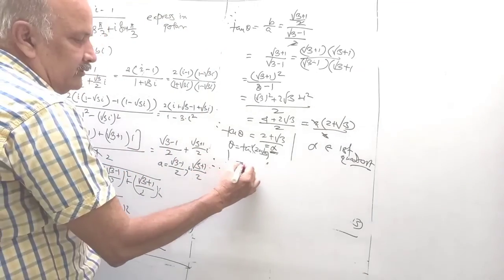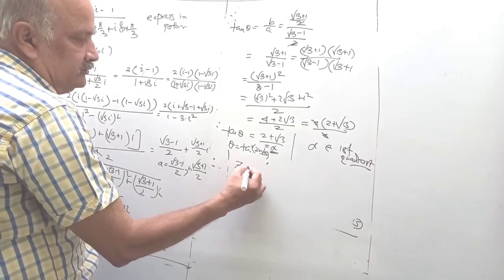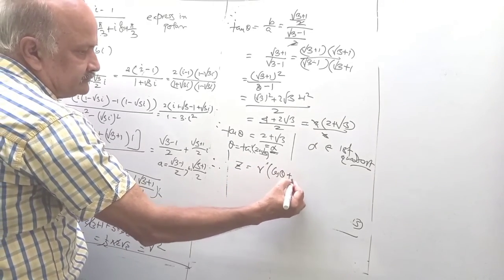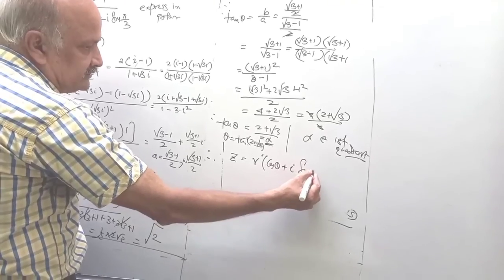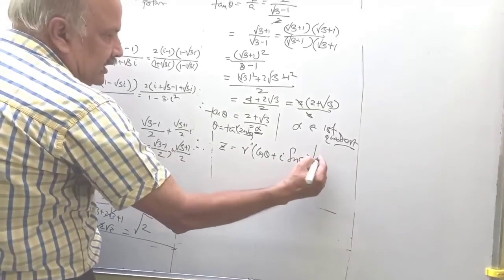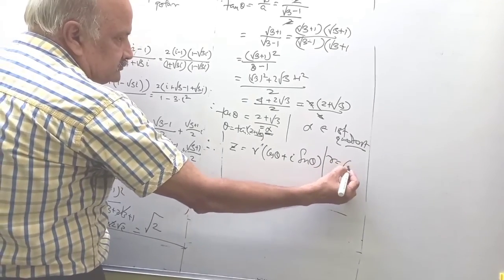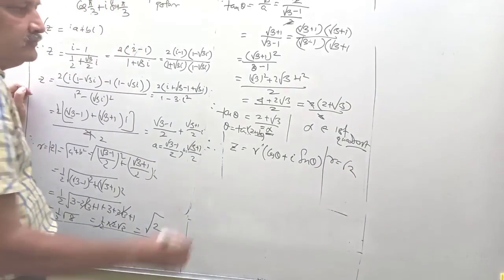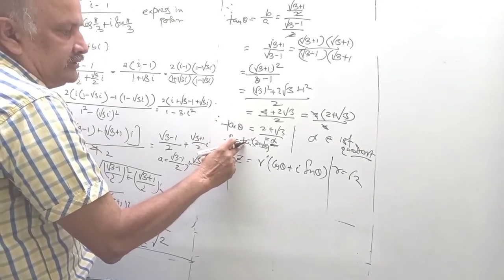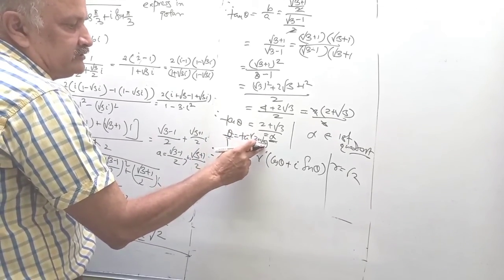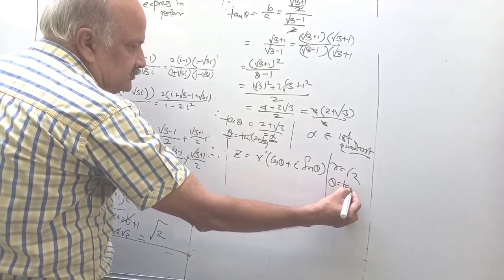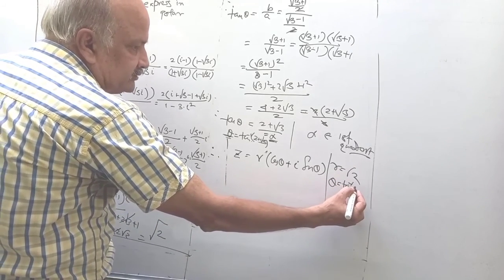Hence, z equal to r into cos theta plus i sin theta, where r equal to root 2 and theta equal to tan inverse of 2 plus root 3.